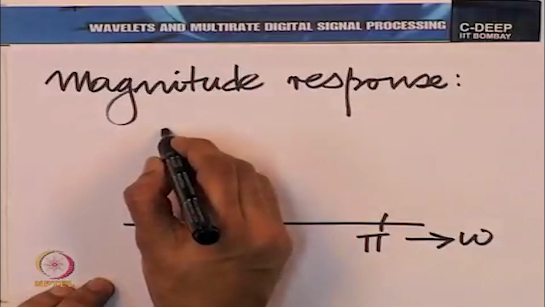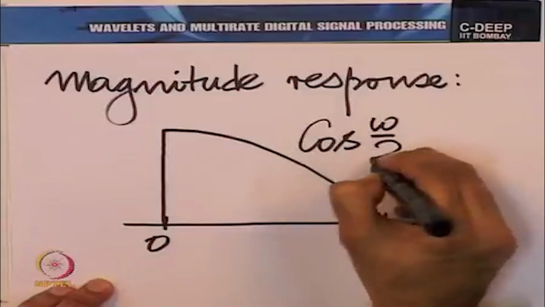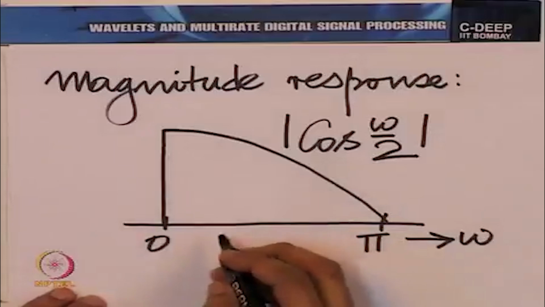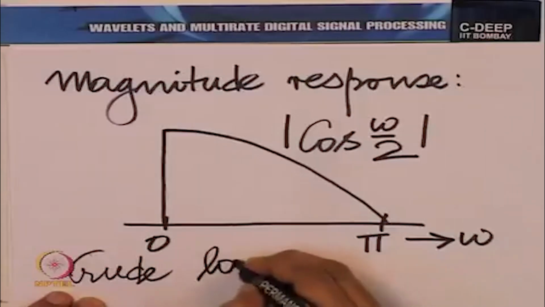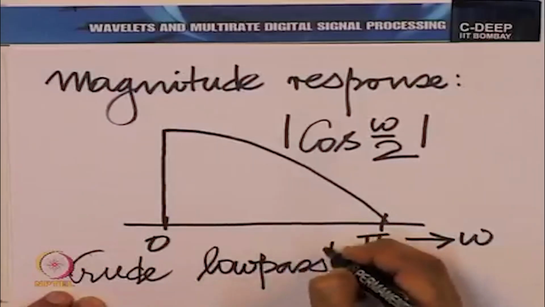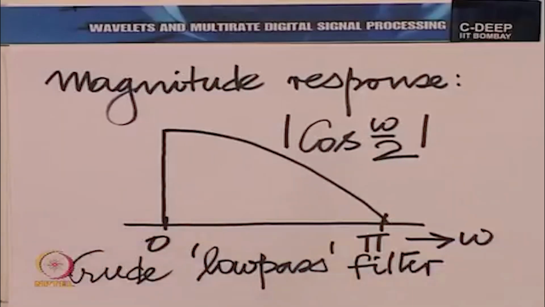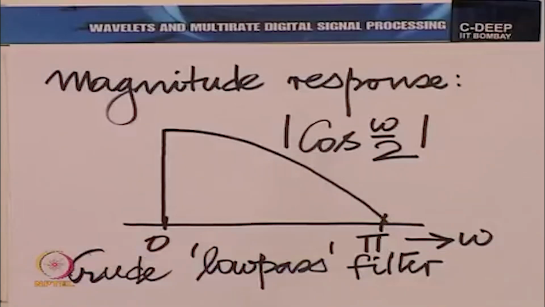You can see that this is the kind of pattern that is going to show, essentially of the form cos omega by 2. For the moment, we can already see that this is something like a crude low pass filter. I say it is a low pass filter because it emphasizes the lower frequencies and de-emphasizes the higher frequencies. I say it is crude, it is far from ideal.